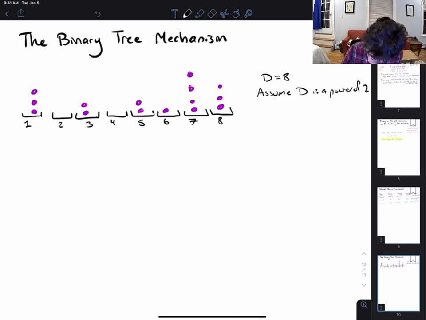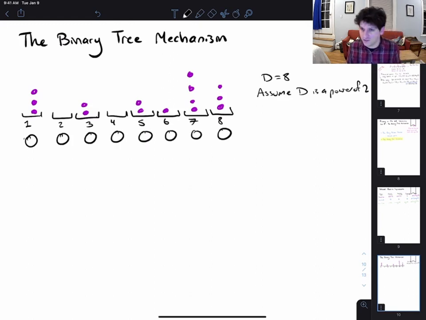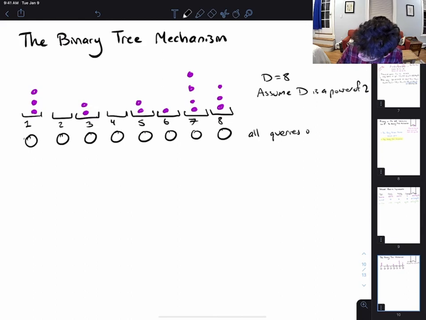So I'm just going to ask for all these intervals. And for reasons that might become clear, I'll think of these as nodes in a graph, and I'll draw them as circles. So this is going to be all the interval queries.